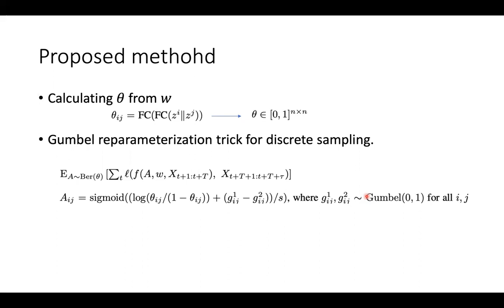But here each of these AIJ can just be 0 and 1. So we no longer need Gumbel softmax. Instead we just use this output function instead of softmax. Okay, I will send the corresponding paper link after the discussion.